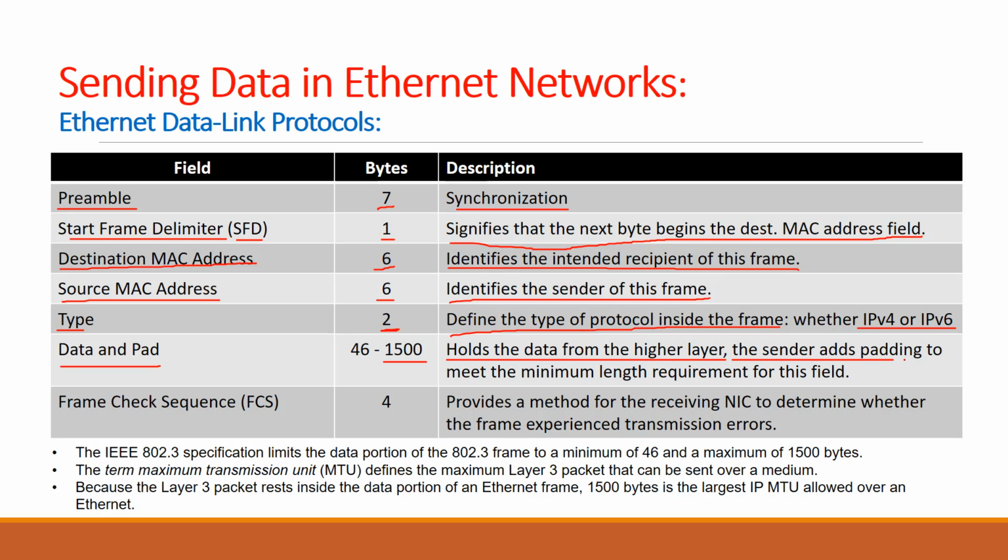The sender adds padding to meet the minimum length requirement for this field. And the last is the trailer, the frame check sequence, which is 4 bytes. It provides a method for the receiving network interface card to determine whether the frame experienced transmission error. Actually, in the coming slides, we will take each of these fields and demonstrate it in more detail.